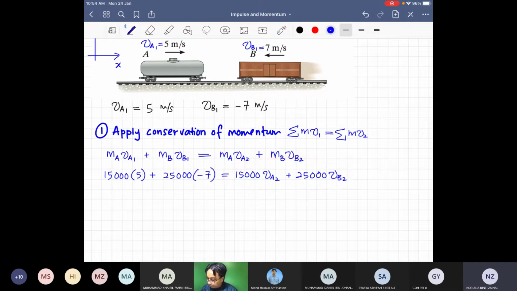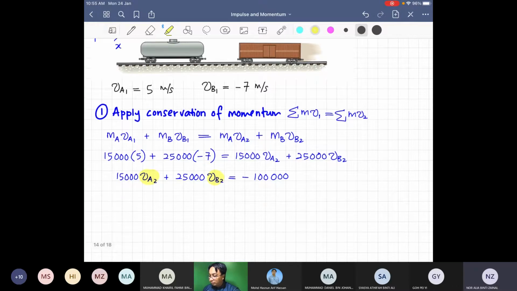So kita akan dapat 15,000 VA2 plus 25,000 VB2 sama dengan minus 100,000. Okay, setakat tu je kita boleh buat. Because kita tak tahu, kita tak boleh nak solve lagi. Ada dua unknown dekat sini, which is VA2 dan juga VB2.